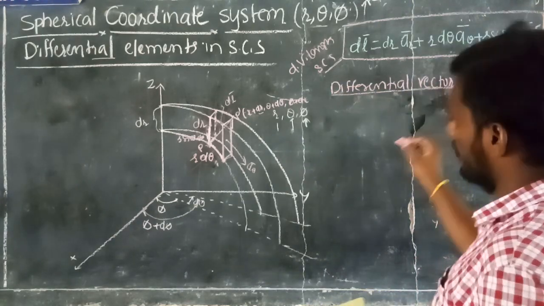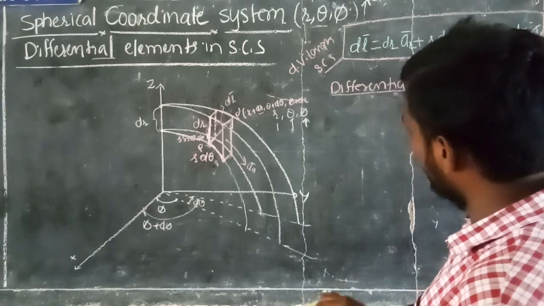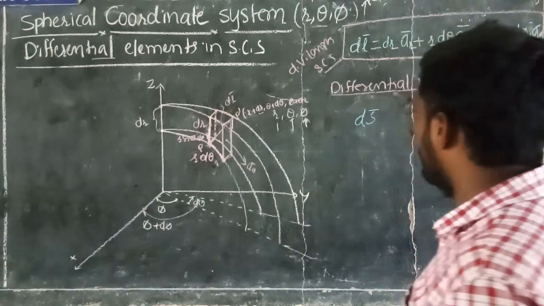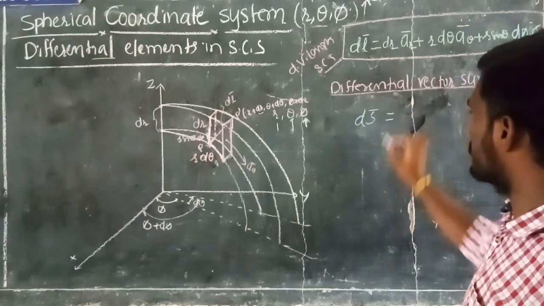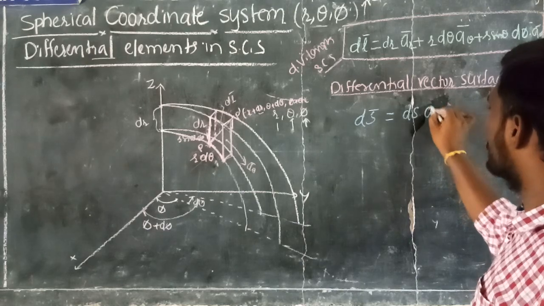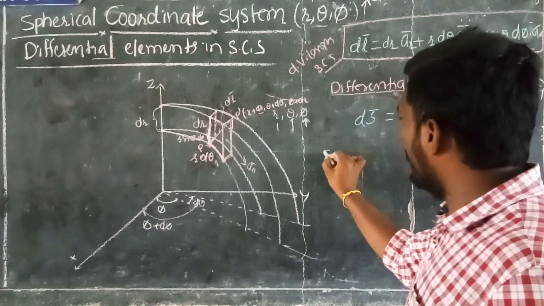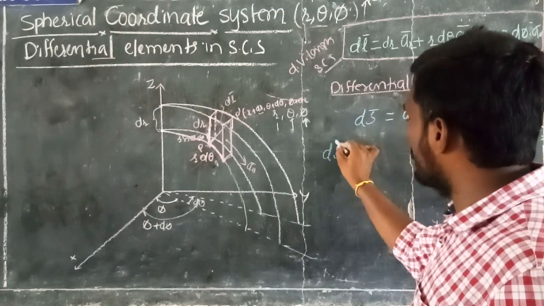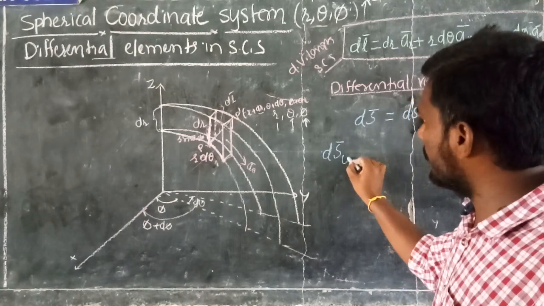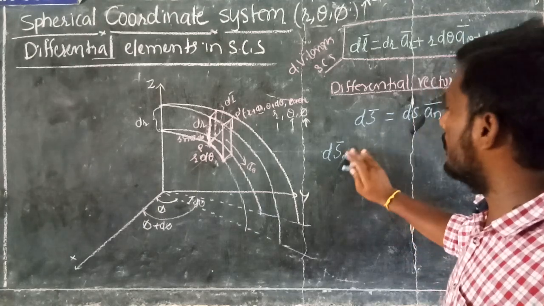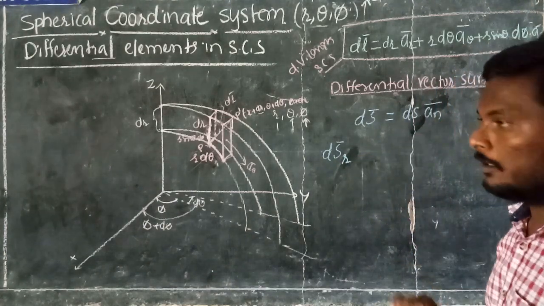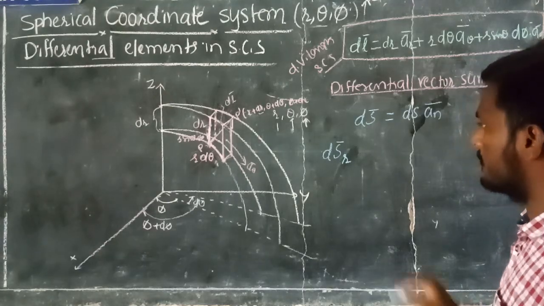The differential vector surface area is represented by ds bar, which is equal to ds into a_n. This is the general representation. Now I am writing the formula for differential surface area. First write the formula for the differential vector surface area perpendicular to the sphere surface.